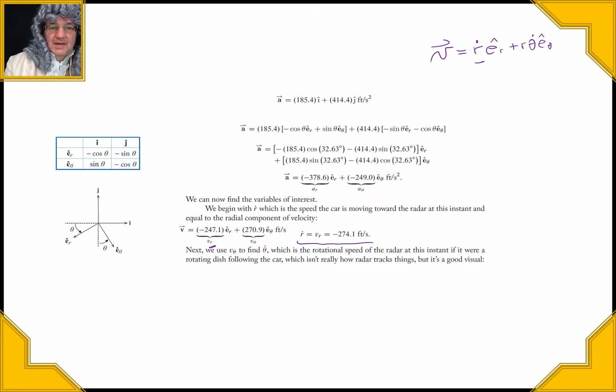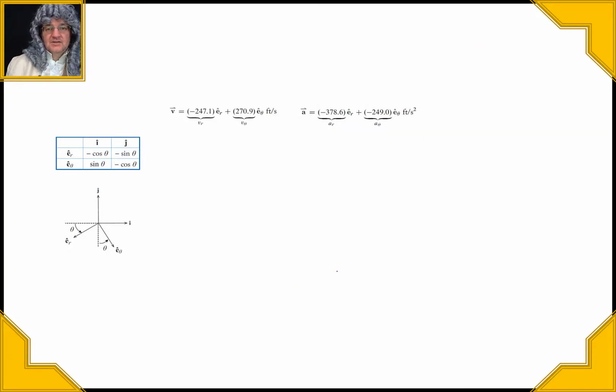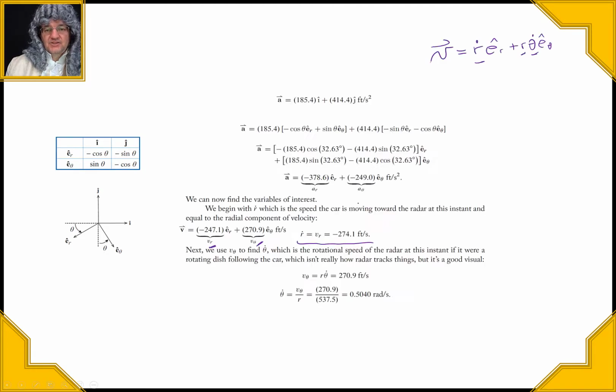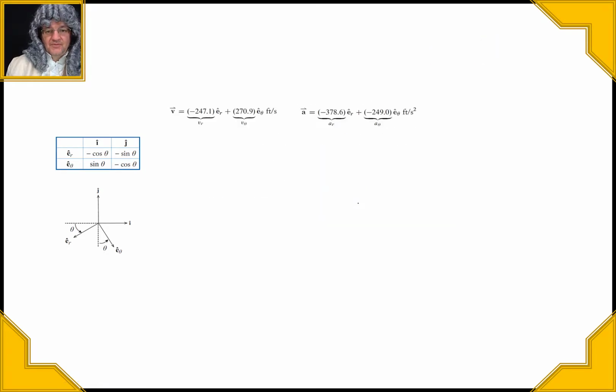And now for the v theta part of it, we know what r is, so now we can solve to get theta dot. Now here's the one that people get tripped up on. So we have r dot and we have theta dot.